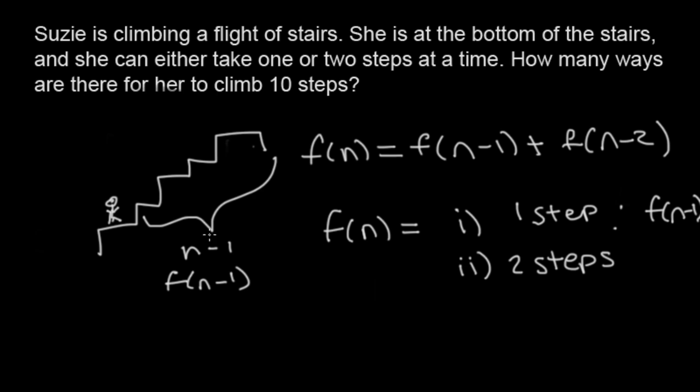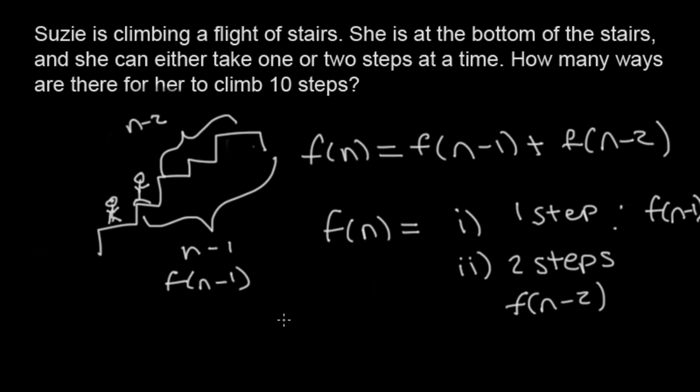And the second case is when she takes 2 steps in the beginning. So now she's right here, and there are n minus 2 steps left. So it's the same as Fn minus 2. And that's all because in the beginning you can only take 1 or 2 steps at a time, not 3 or 4 or 5.